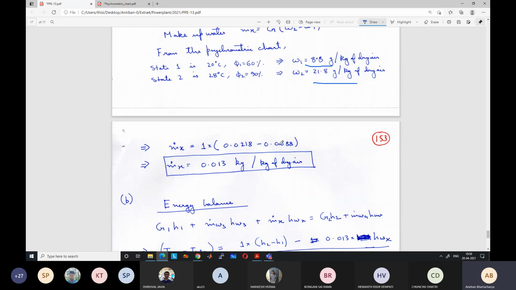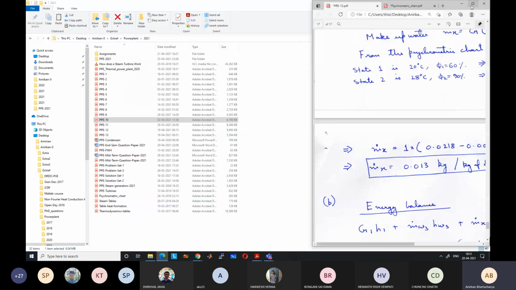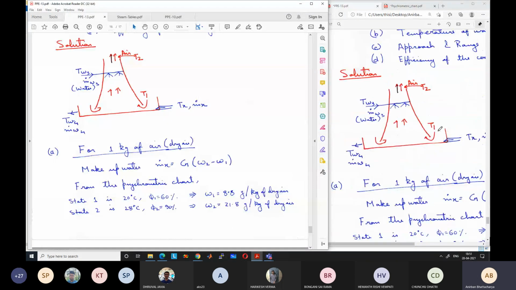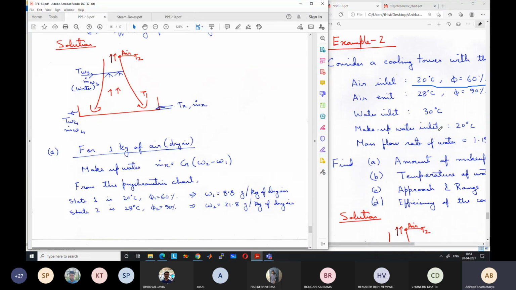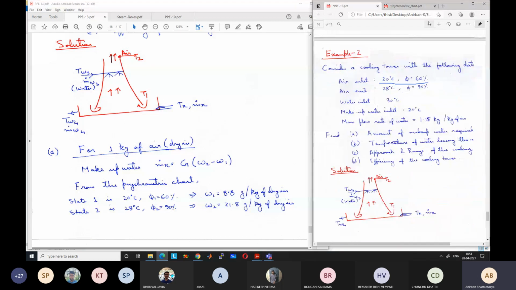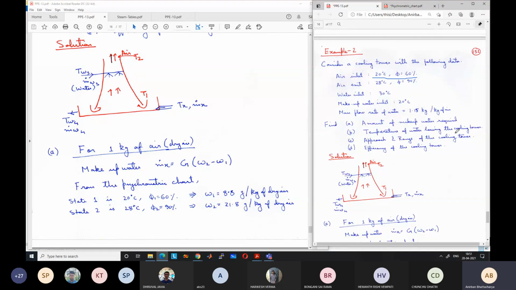Next, what is the next question? Let us take a look. Temperature of water leaving the cooling tower. For this we need to do an energy balance. Using energy balance, G1H1 plus m dot w3 HW3 plus m dot x HWX is equal to G2H2 plus m dot w4 HW4, just what we have studied today.